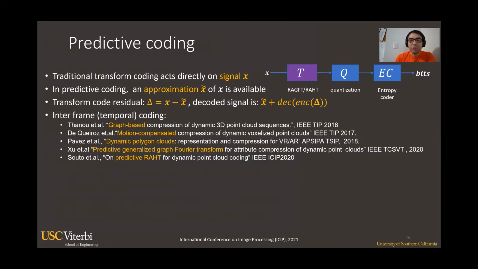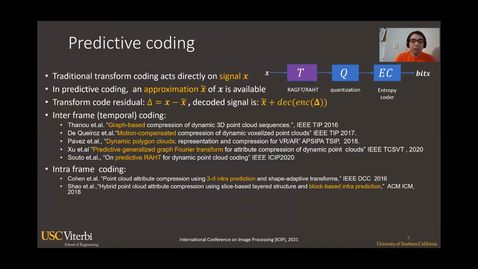In practice, there are two types of predictive coding. One of them is temporal coding or interframe coding. And in this case, the approximation is obtained from a previously decoded frame. Another approach is intraframe coding, in which the pixels or voxels in the current frame are predicted from previously decoded voxels, but in the same frame.